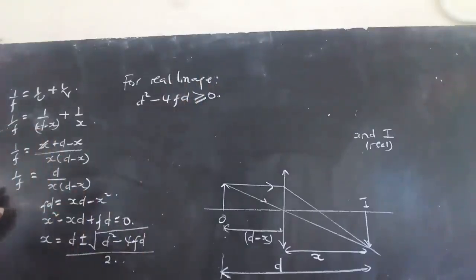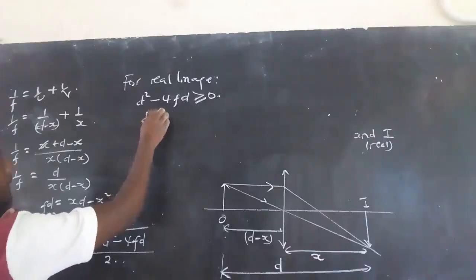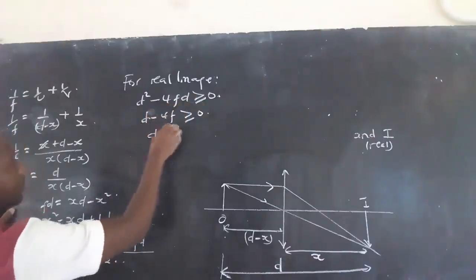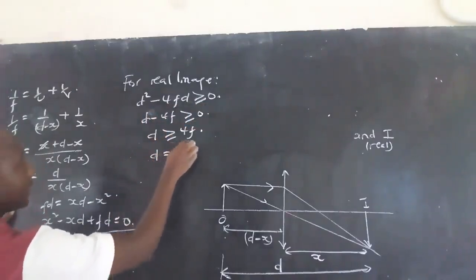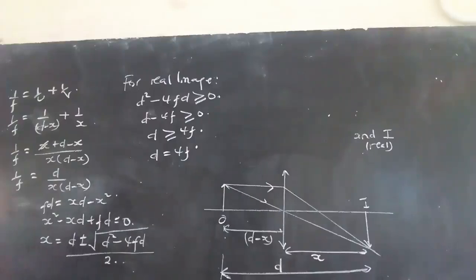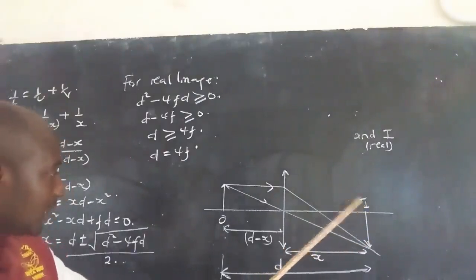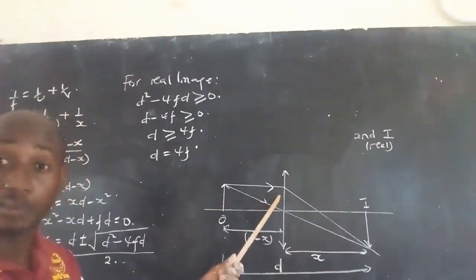So what does it mean? It means that d minus 4f should be greater or equal to 0. That d should be greater or equal to 4f. So what does it mean? It means that if the image is to be formed here on the screen, then the distance between the screen and the object should be 4 times the focal length of the lens used.